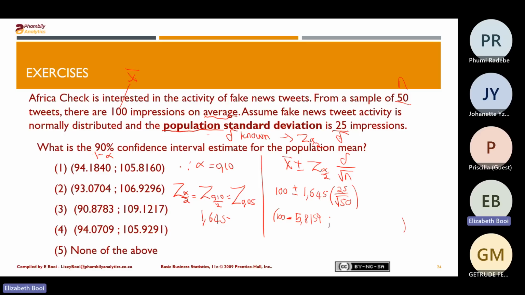I'm also going to repeat it this side, 100 plus 5.8159.